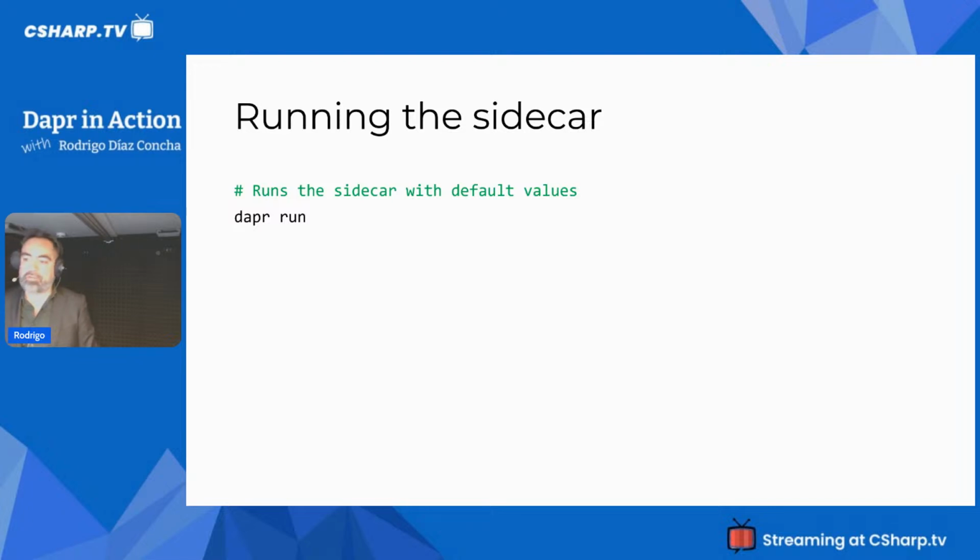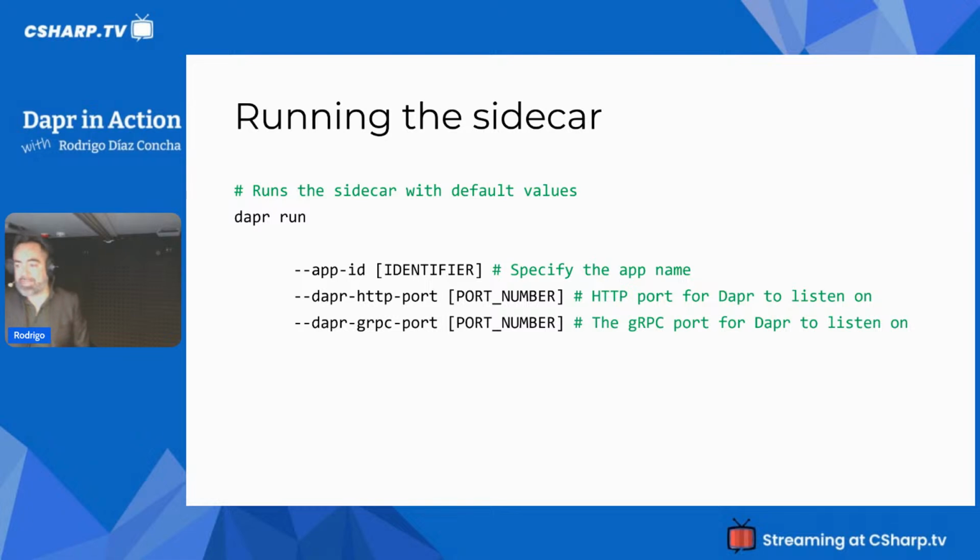So you need to run the sidecar somehow. As I've mentioned before, you can run Dapr as a sidecar container inside Kubernetes. But of course, if you're building a Dapr application, sometimes you need to run the sidecar by itself, right? This is the self-hosted mode that we've been using in this series. So you need to specify the application identifier, say service A, service B, service C, and then the Dapr HTTP port.